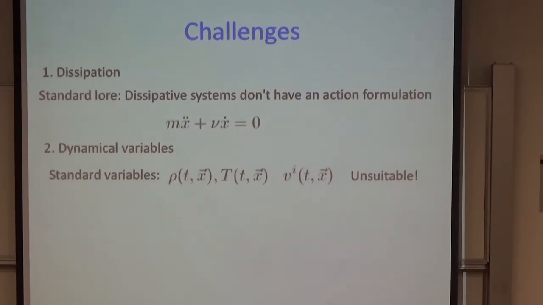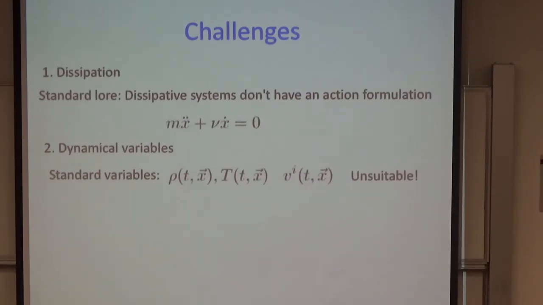And we know that if your equation of motion is expressed in first derivatives of those quantities, then this is not a fundamental formulation. The analogous situation is E and B. When you write down the Maxwell equations in terms of electric and magnetic fields, they only involve first derivatives of the electric and magnetic fields. But if you want to write an action principle for it, you have to go to the potential. You cannot use the electric and magnetic fields as fundamental variables. So here we have a similar situation.